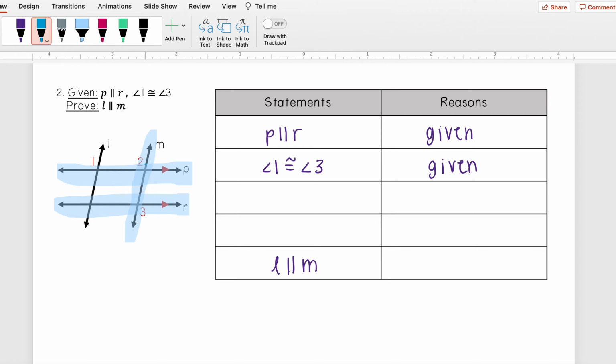Well, what type of angles are 2 and 3? I see that those are alternate exterior angles. So I know that those two angles are therefore congruent. So I have angle 2 is congruent to angle 3. And again, that's from the alternate exterior angles theorem.